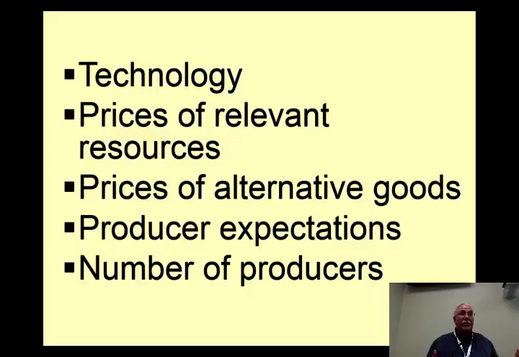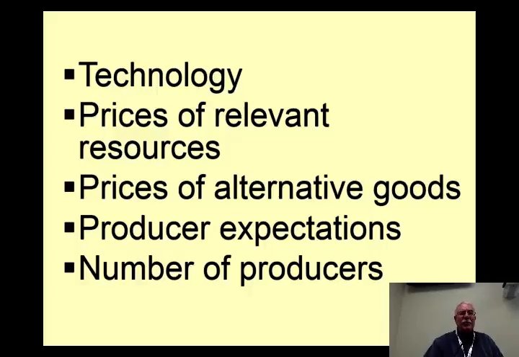My wife has an iPhone, and who needs a landline? So because of a change in technology, the supply curve for landline phones has shifted to the left, but what has happened to the supply of iPhones and iPads? It's shifted to the right. So a change in technology can affect a shift in supply of different products.